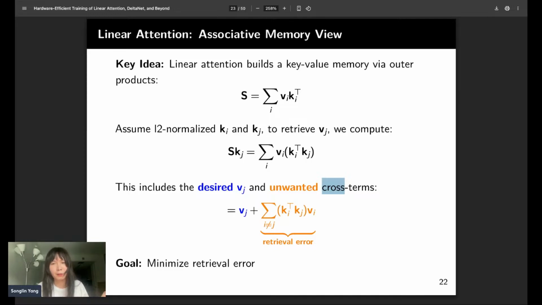But because the associative memory is d by d, there are at most d orthogonal vectors in this vector space, and this retrieval error is inevitable when the sequence length is larger than the model dimension.